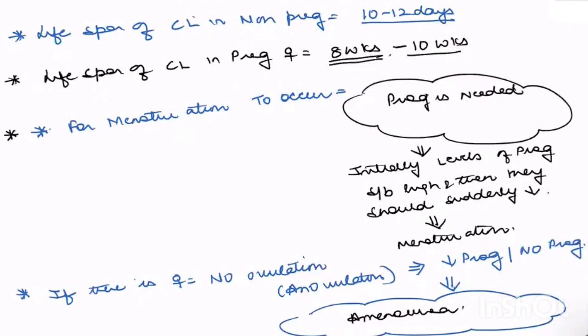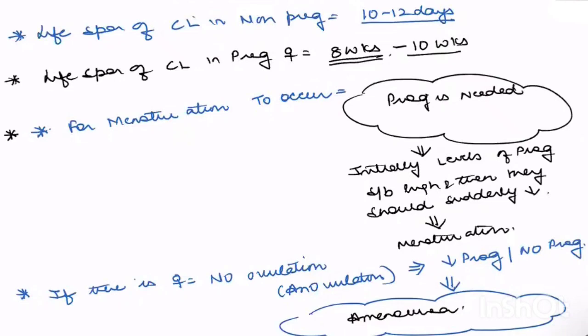I am going to tell her to take progesterone for 5 to 6 days. And I am going to tell her that while you are taking this tablet for 5 to 6 days, the period will not come, so there is no need to worry, doctor. So for 5 to 6 days I will give her progesterone.